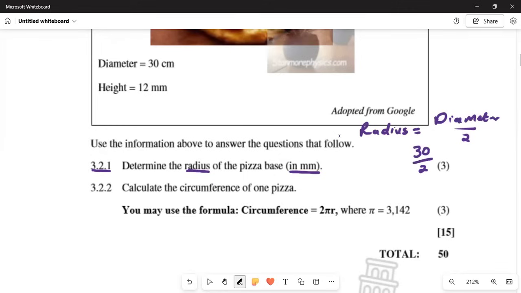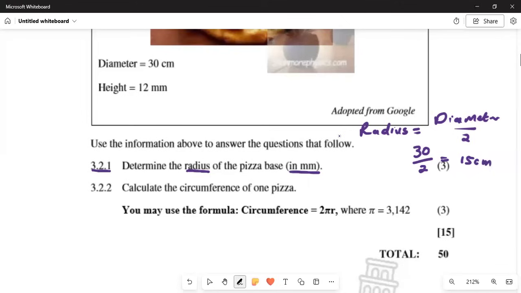And then the radius, 30 divided by 2, is 15 centimeter. All right. And then we are converting to millimeter.